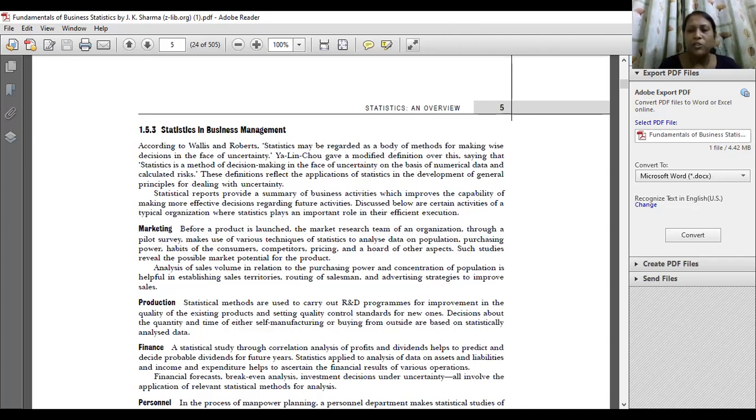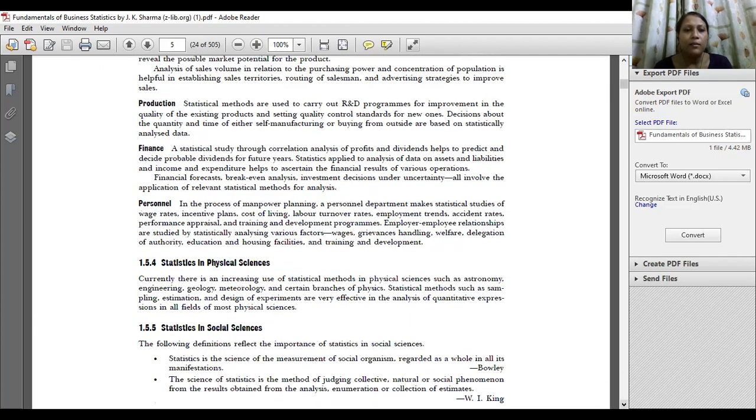So business management includes marketing, production, finance, personnel, etc. In marketing, analysis of sales volume in relation to purchasing power and concentration of population is helpful in establishing sales territories, routing of salesmen, and advertising strategies to improve sales.